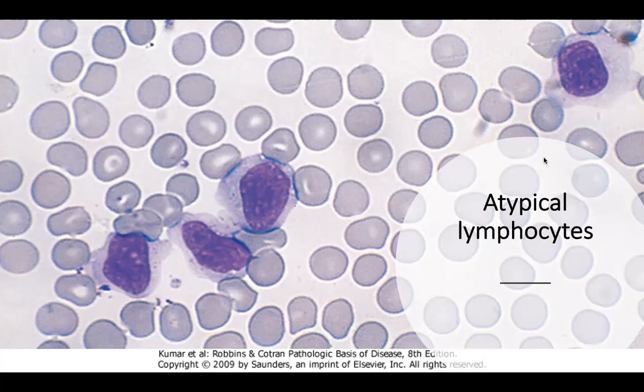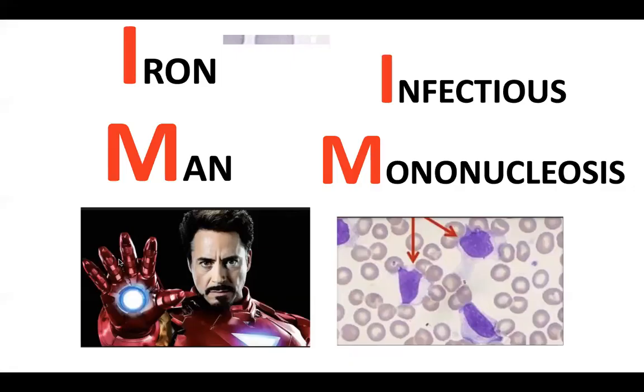The atypical lymphocytes that you usually encounter in infectious mononucleosis, we call them the Downey type 2 cells.